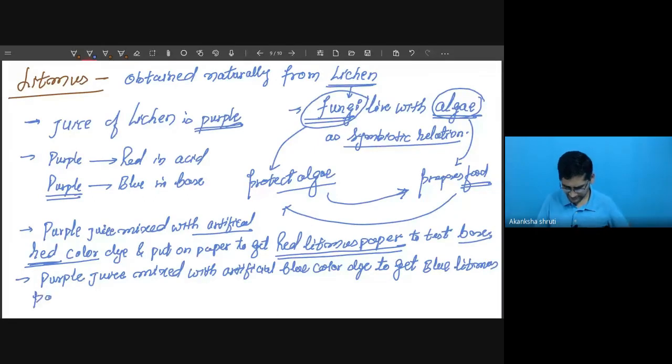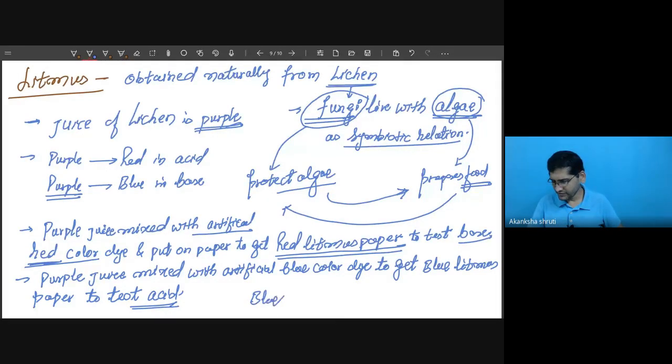Litmus paper to test which kind of test it can give. So blue is used for acid, to test acid only, where this acid will change this blue litmus into red.